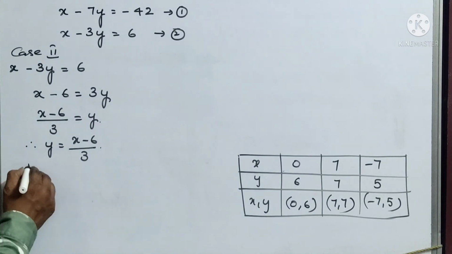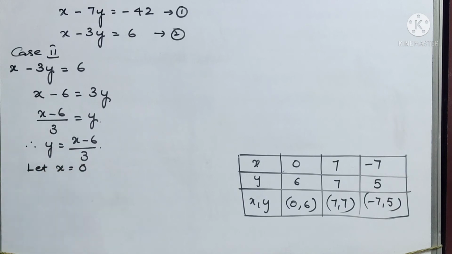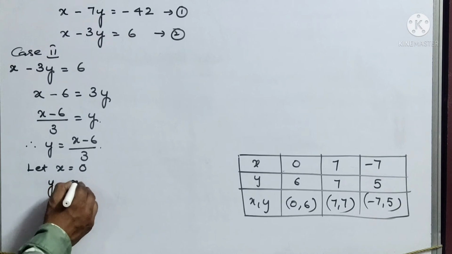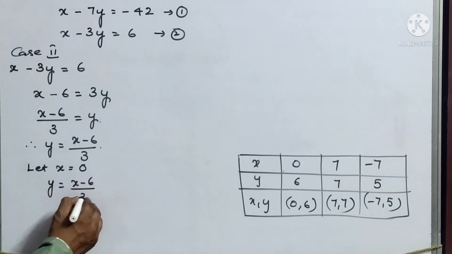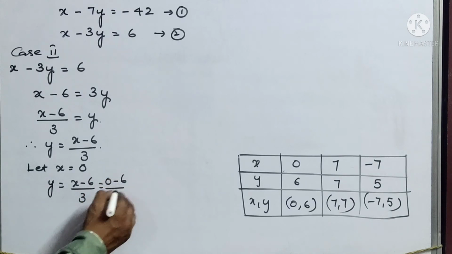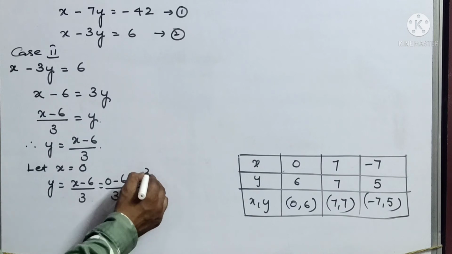Now let x equal 0, you can take. So y equals (x minus 6) by 3. That is (0 minus 6) by 3, which is nothing but minus 6 by 3. 3 ones are 3, 3 twos are 6.